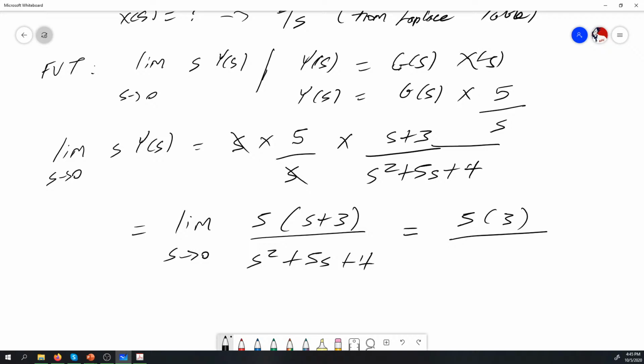And the denominator, the s squared will become 0, the 5s will become 0, so it's going to be 4. And this will resolve to 15 divided by 4. If you want to represent this in decimal, this would be 3.75.